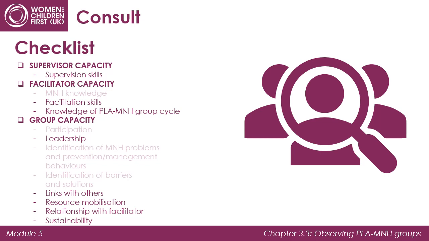Interviewing them using the checklist can provide information on the capacity of the supervisor, facilitator, and the capacity of the group. In relation to supervisor capacities, they can help to understand the level of their supervision skills. In relation to facilitator capacities, they can help to understand the level of facilitation skills and knowledge of the PLA-MNH group cycle.